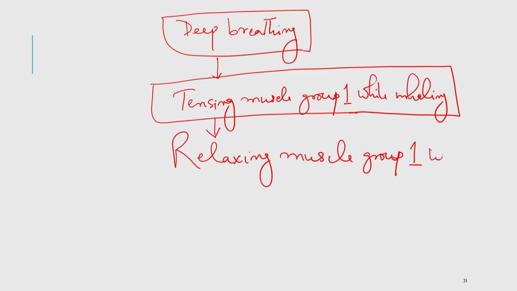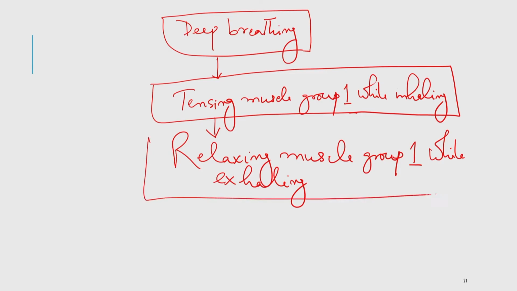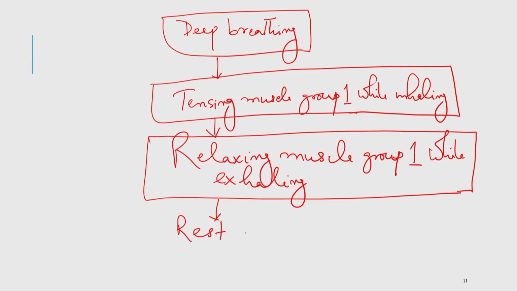One, while exhaling. Some people do not do it exactly with inhaling and exhaling, but it is better to tense while inhaling and relax while exhaling. Then rest for a few seconds.